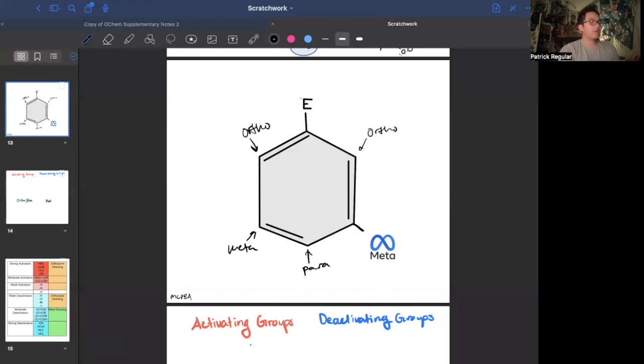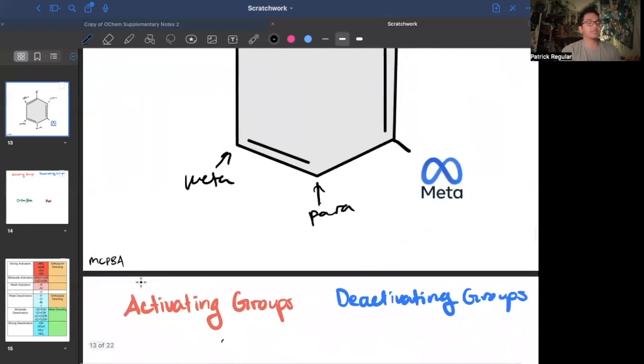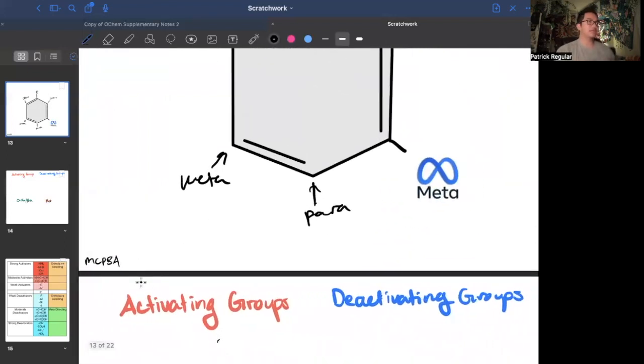All right. And I want to bring up a compound that we've already used before. If you remember semester 1 during our oxidation reaction, we have this compound called mCPBA, lowercase m. You're thinking, why is m lowercase? Well, mCPBA is actually metachloroperbenzoic acid. So if I were to draw it out for you guys, it looks something like this.